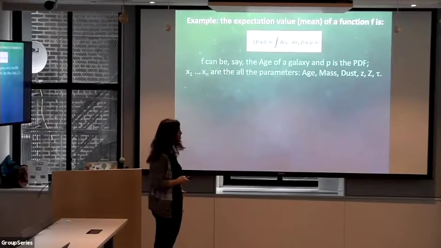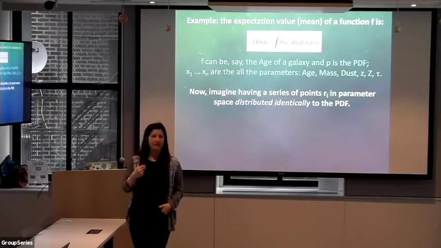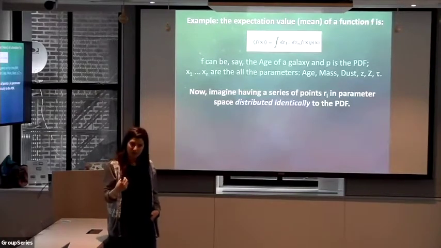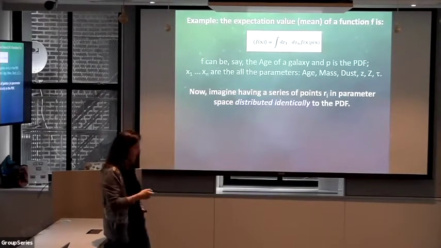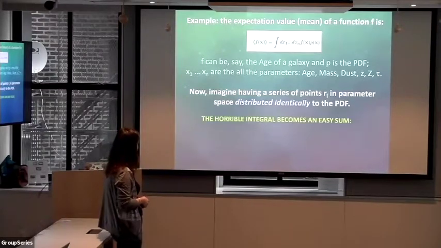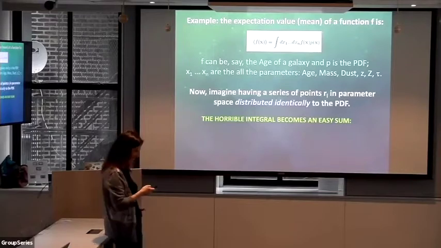So what if, rather than having to do the integral, you had the series of points that were distributed exactly identical to your posterior? And now the integral becomes a sum. And sums are easy to do.